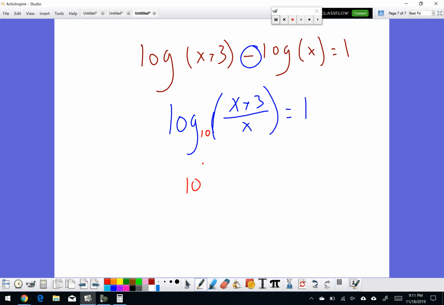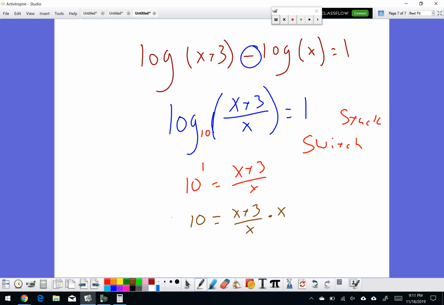So that's 10 to the first because I'm switching because I got stuck again. When you get stuck as a log, you go to exponential. When you get stuck as an exponential, you go to a log. So I have 10 to the first equals x plus 3 over x, which is just 10 equals x plus 3 over x.